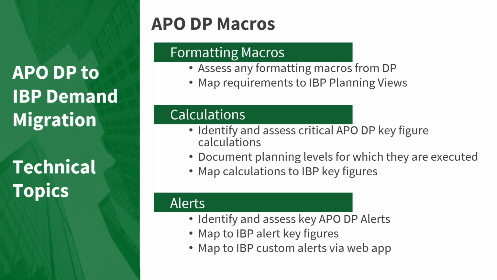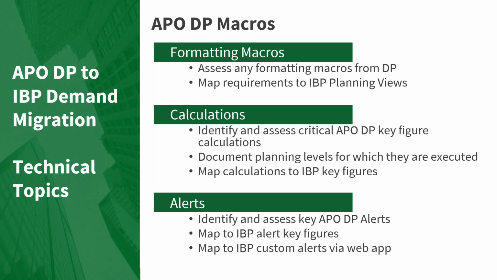And then the other thing is documenting the planning levels for which they're executed. So if you're doing drill down macros, things along those lines, those will get translated specifically to a planning level calculation within IBP, assuming all other things being equal, and you want the same type of functionality and calculations. So it's just going to be a slightly different approach, but defining and documenting that helps build the calculations within IBP.